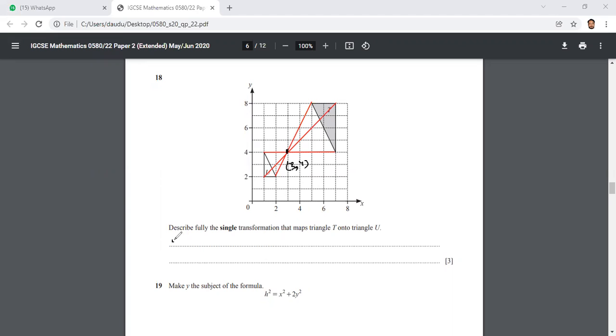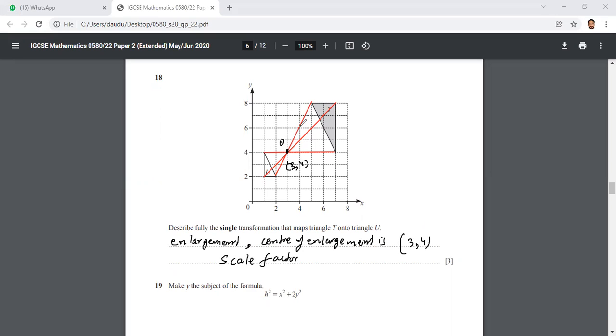You can write here, it is an enlargement where center of enlargement is 3, 4, and with scale factor. What do you write for the scale factor? Look, here is your original shape.